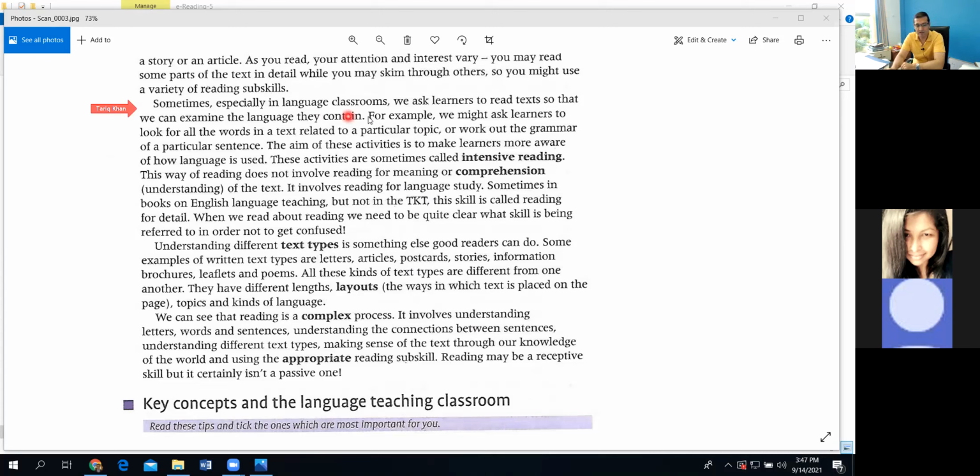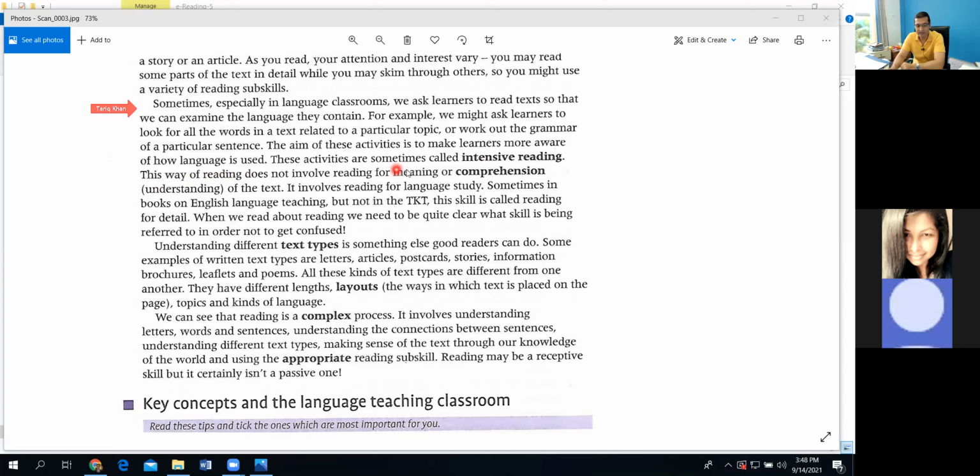Sometimes, especially in language classrooms, we ask learners to read text so that we can examine the language it contains. For example, we might ask learners to look for all the words in a text related to a particular topic, or work out the grammar of a particular sentence. The aim of these activities is to make learners more aware of how language is used.